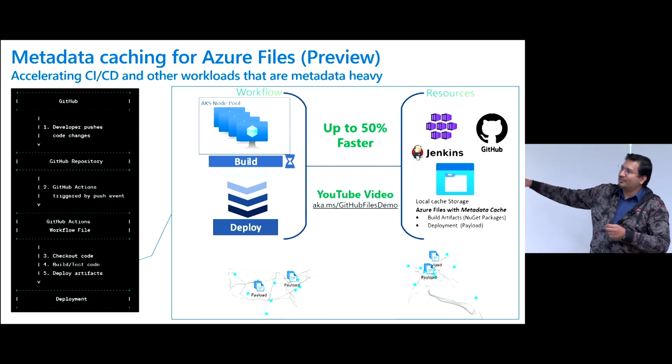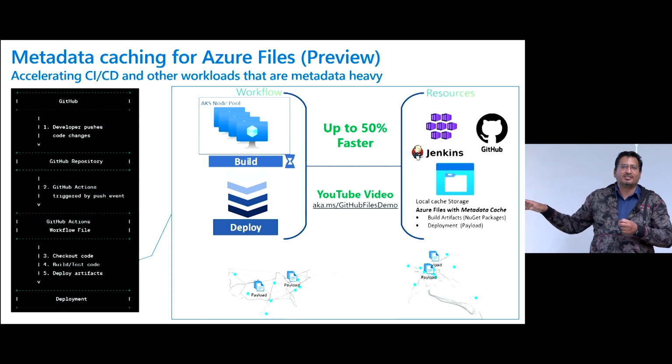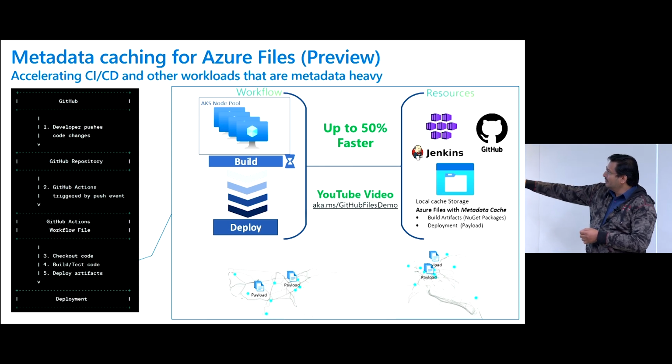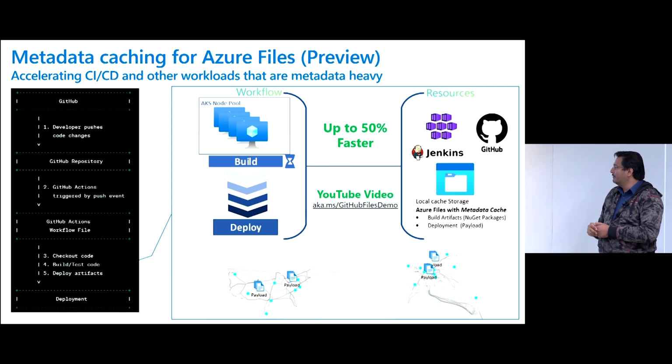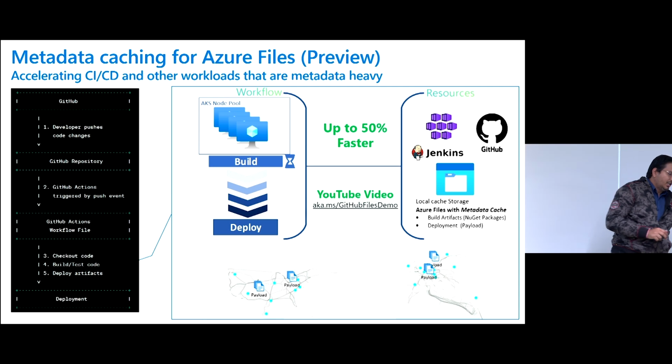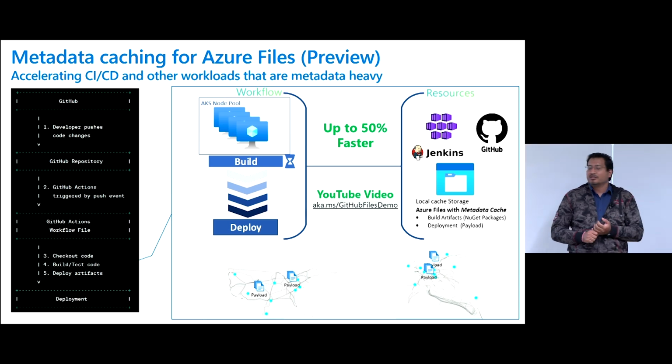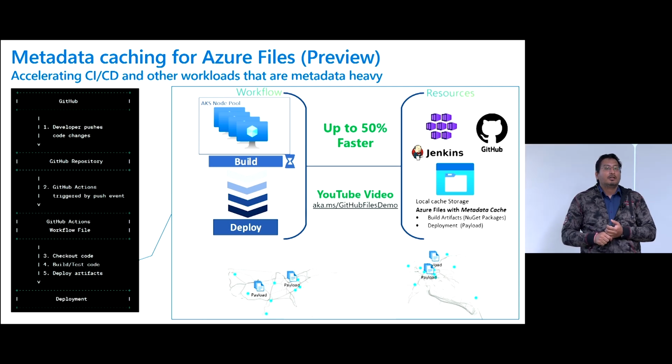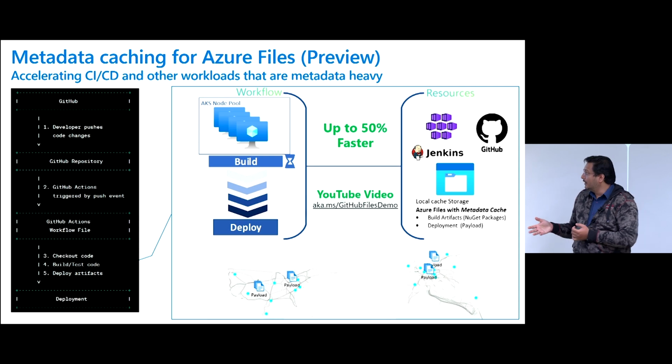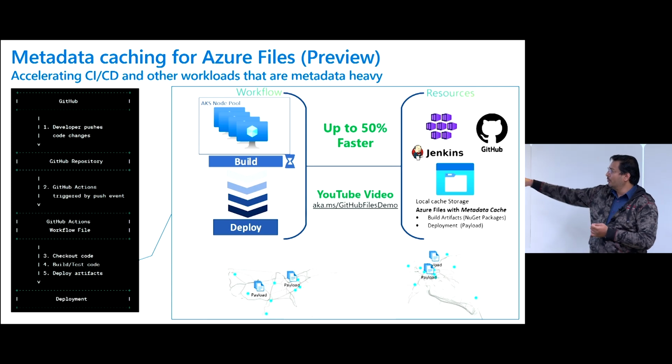So this is an example. We have a demo for this. Unfortunately, it's a 35 minute demo, which is longer than this session was scheduled for. So I request everyone to go to this particular link. We have a demo here, which uses GitHub CI/CD. And GitHub CI/CD, when it is reading a lot of files, is a metadata heavy operation. Okay, so we've got a recorded demo over here.